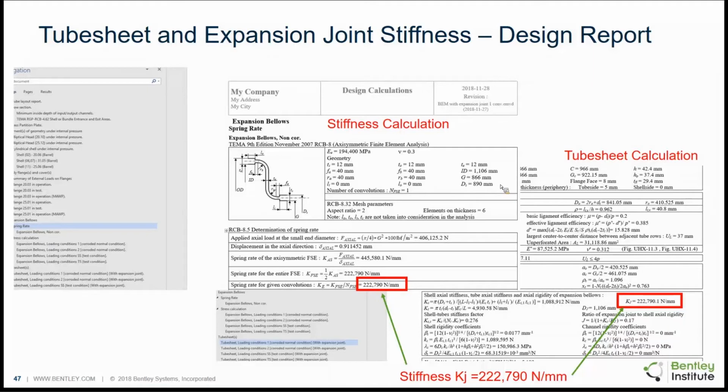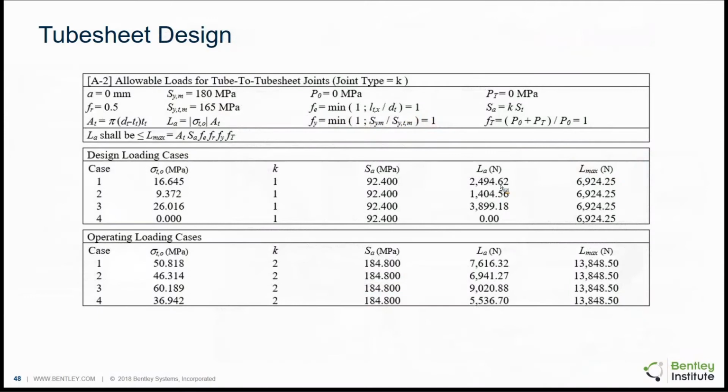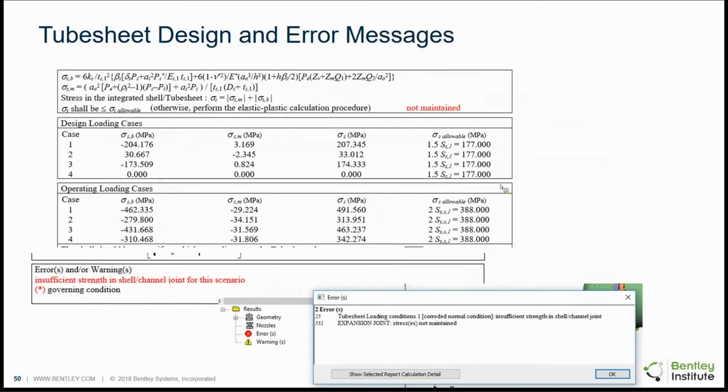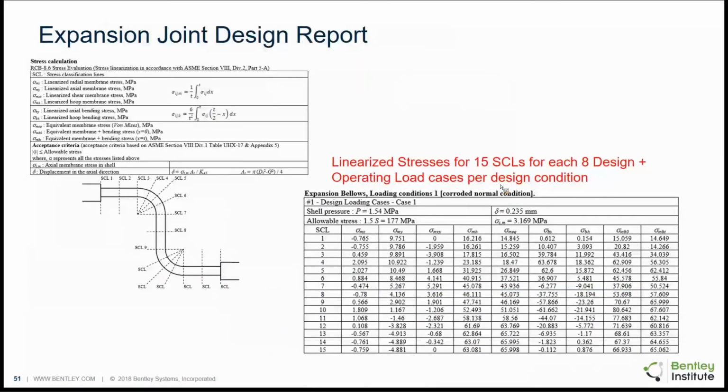And that value is used as the KJ value in the tube sheet calculation, which is shown on the right. So allowable loads for tube-to-tube sheet joints, these are fine, but we do see there is a problem with the stresses in the integrated shell tube sheet and the insufficient strength in shell channel joint, and these are the errors that were reported. So if you go back to the expansion joint design report, these are screenshots from there.